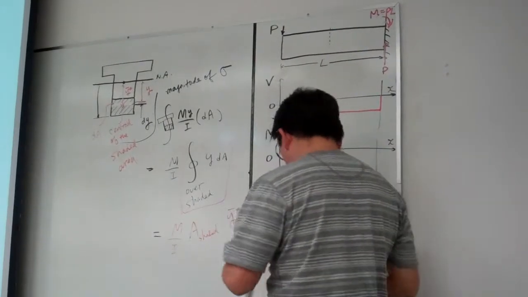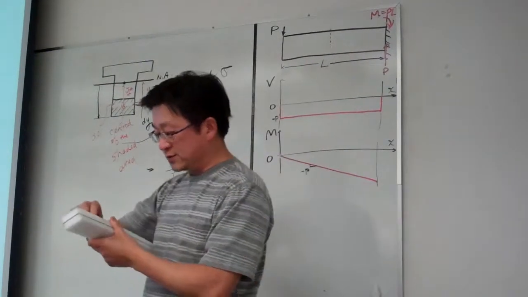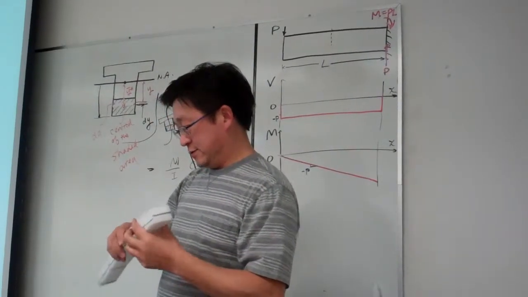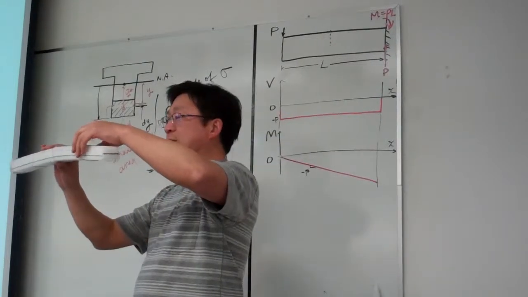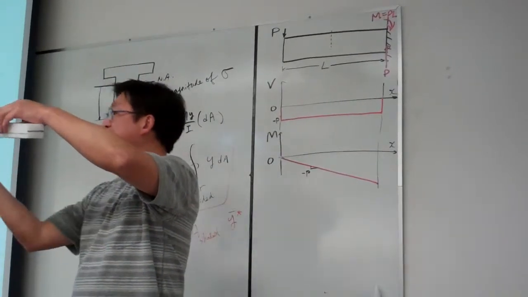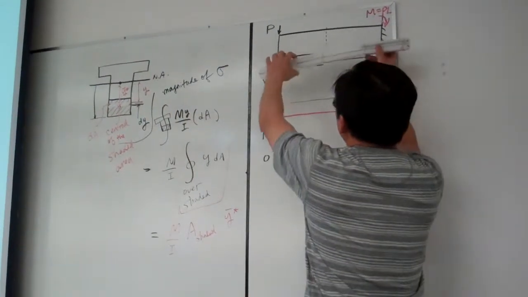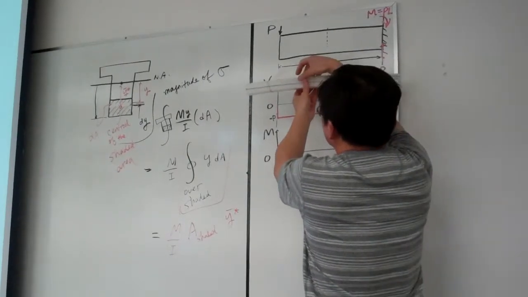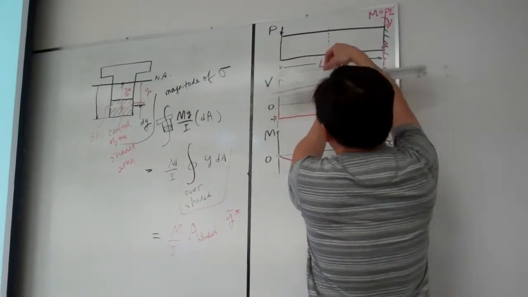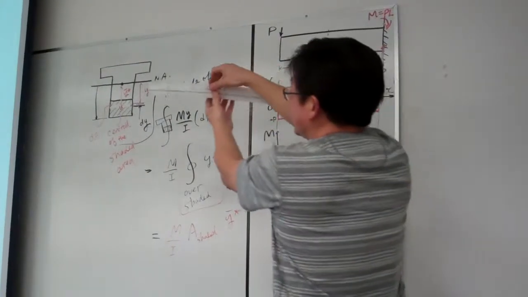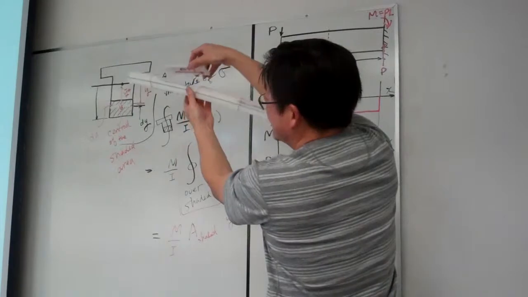Let me just displace my plot. What I want is this beam, and then what I want to study is this portion. So this portion, in terms of view, will be like this. Can you see it?